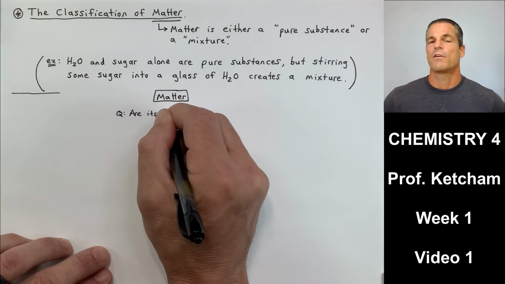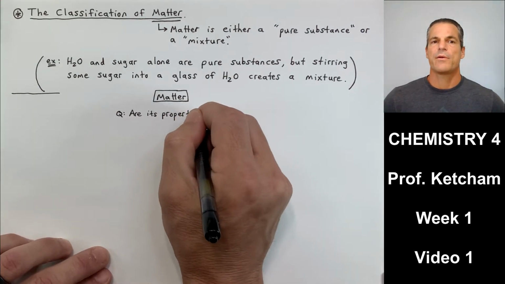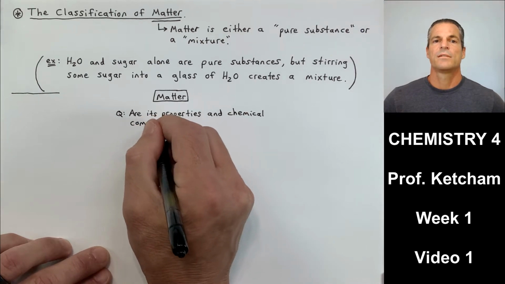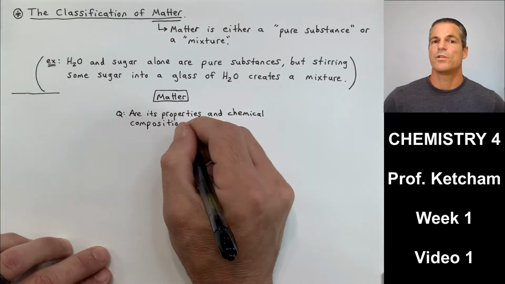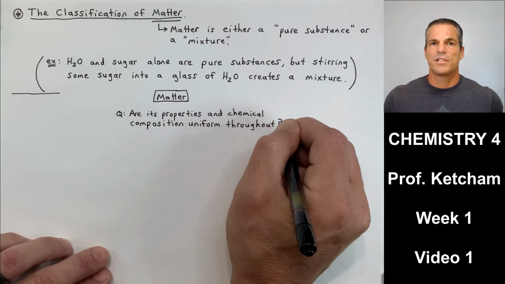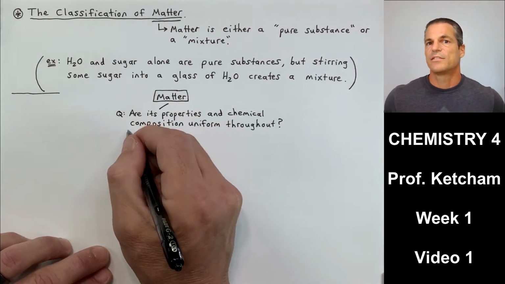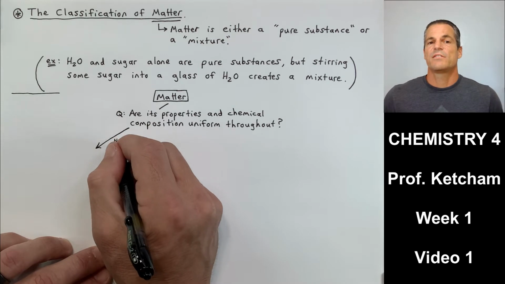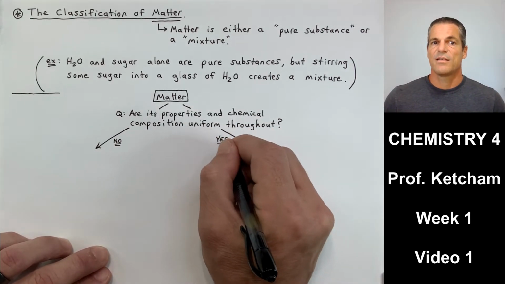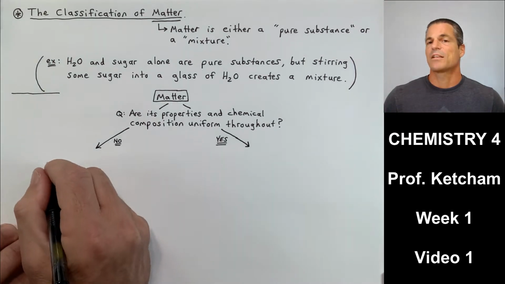So now let's begin our flow chart. We have matter at the top, and we ask ourselves a question: are its properties and chemical composition uniform throughout? Does it have the same composition throughout the entire sample? If the answer is no, then we move over to the left-hand side and write this down as a mixture.